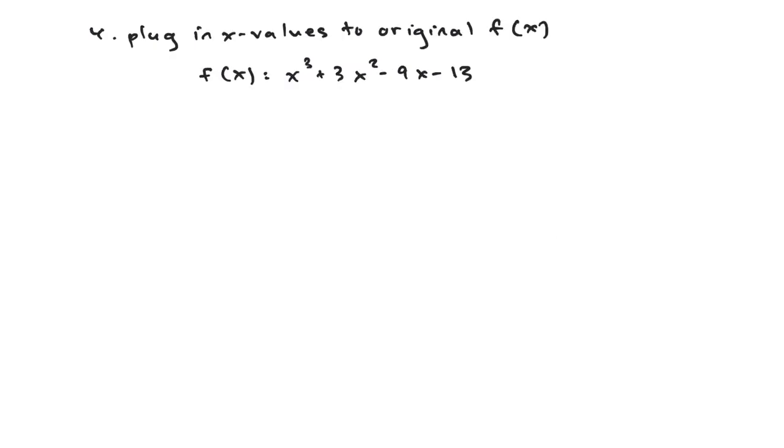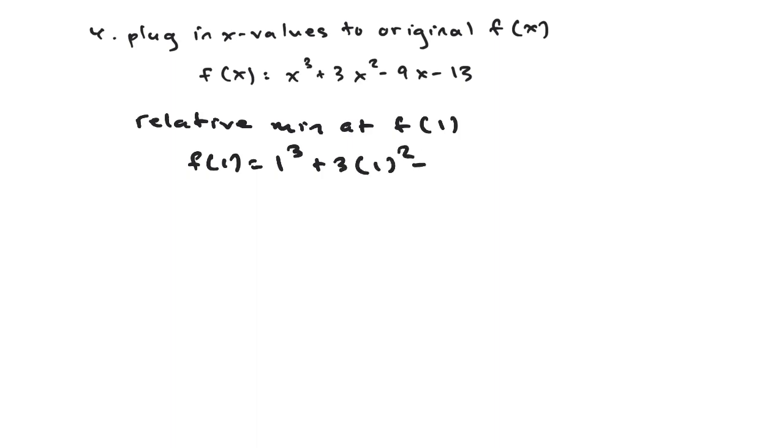So finally, we're going to plug the x values that we got for the relative max and min into the original f of x to get the y values. So if we know that we have a relative min at f of 1, then we can say that f of 1 equals 1 cubed plus 3 times 1 squared minus 9 times 1 minus 13.